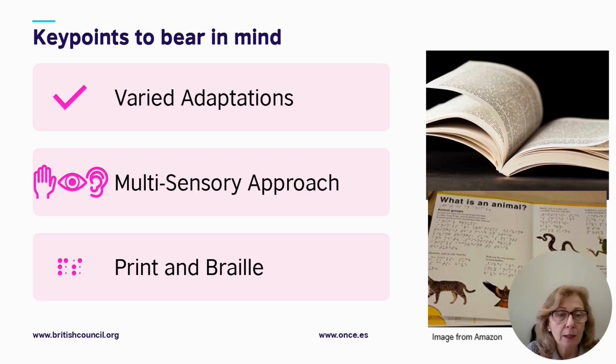The second one is that you need a multisensory approach. Even if you have a student that has low vision, they need more senses, and the more senses they use to learn, the more they will learn. And the third one is that you will find students who work in print and some others who work in Braille.